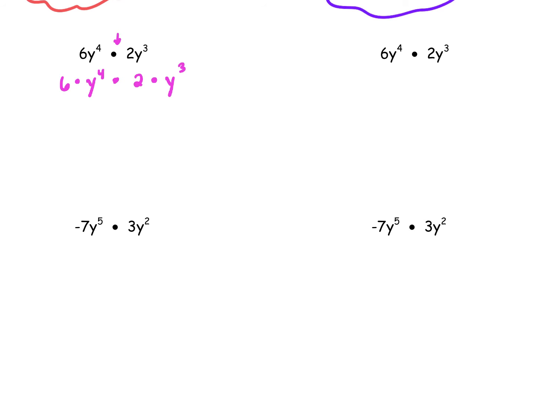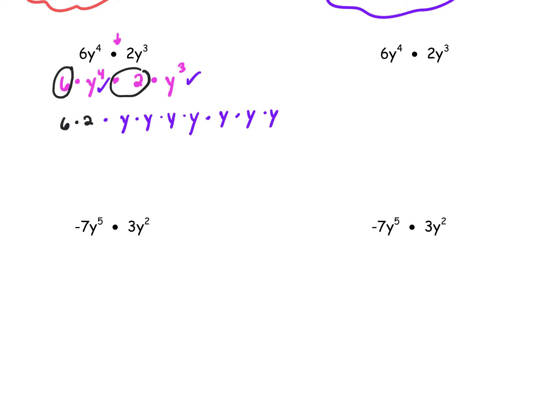So I'm going to gather up. I see that this is a regular number and another regular number, so I'm going to write 6 times 2, and then I see a group of y's. Well, I have 1, 2, 3, 4 y's here, and then I have 1, 2, 3 y's here.